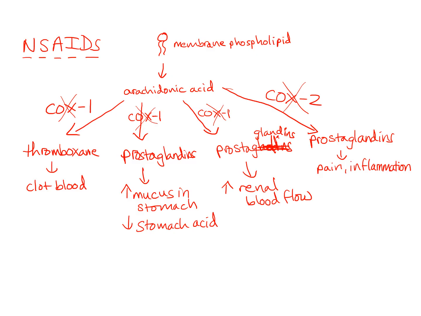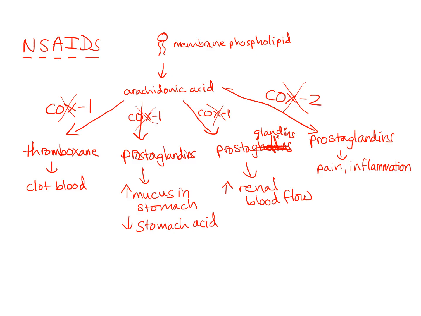And then that can make the kidneys unhappy. And especially if you already have some pre-existing kidney problems, that can make those worse. So that could push you over the edge and put you into kidney failure. So you have to be careful with patients that do have some pre-existing kidney problems. NSAIDs may not be the best choice of drug for them.